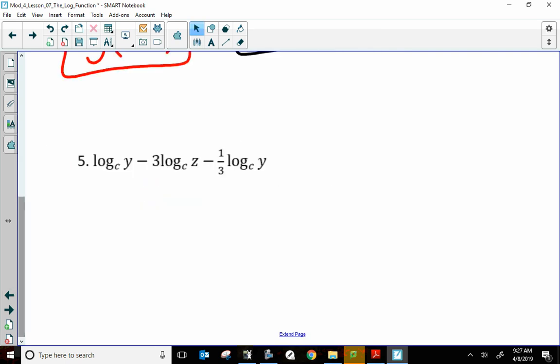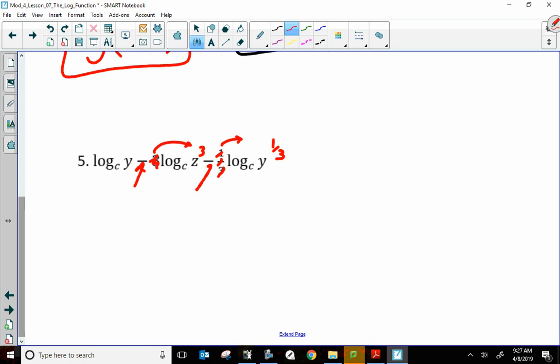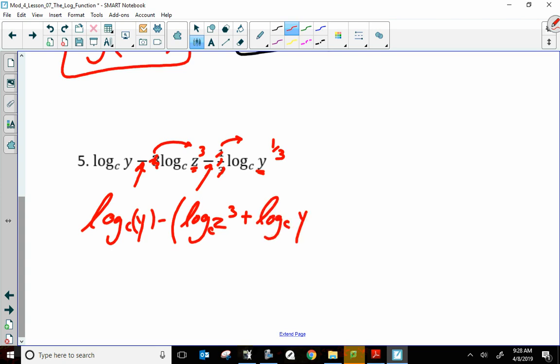All right, good. Exponent, 1/3. Exponent, 3. That's it. Ooh, nasty. Now, notice I am subtracting both of these from y. So that's like log base c of y minus log base c of z cubed, plus, because I'm factoring out the negative, log base c of y to the 1/3.